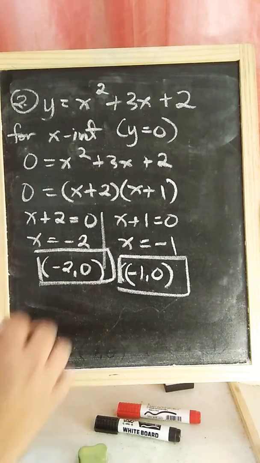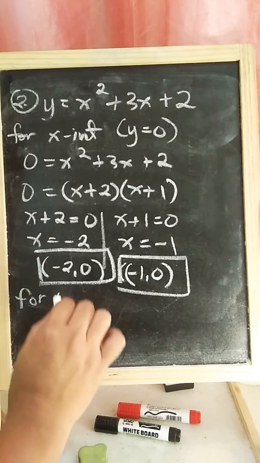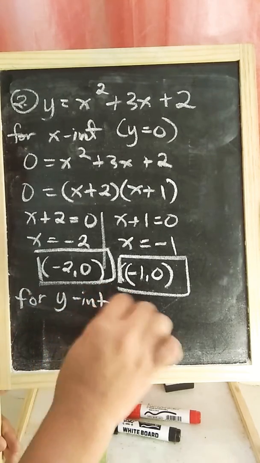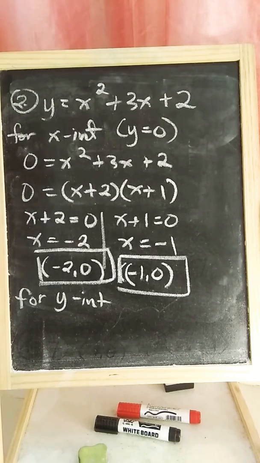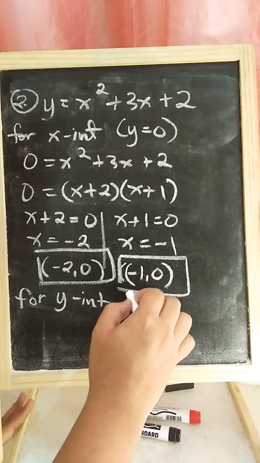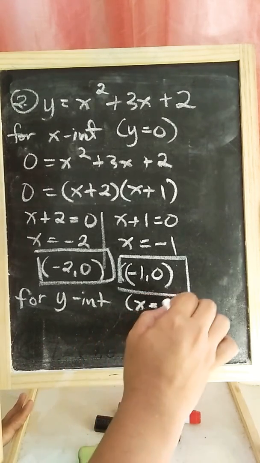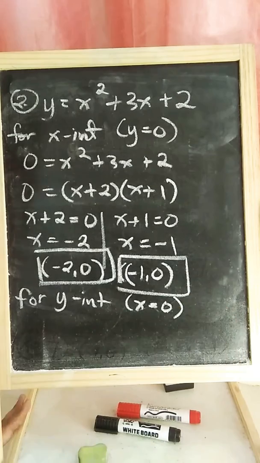Okay, for the y-intercept, our interpretation here is that your x is equal to 0 because it lies on the y-axis. Now, balikan lang ulit natin yung definition ng function.